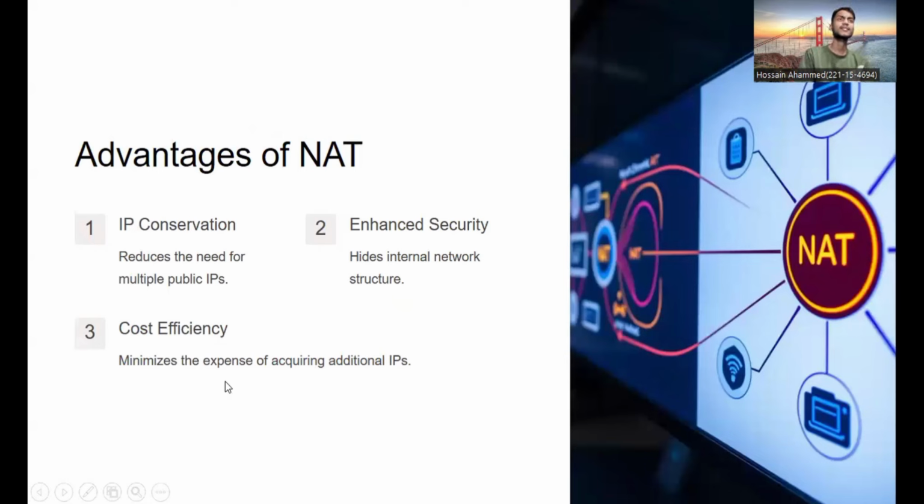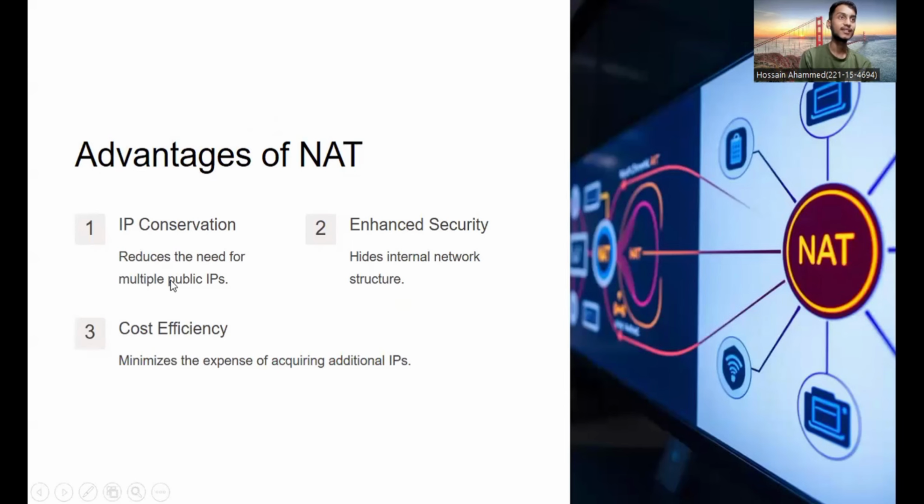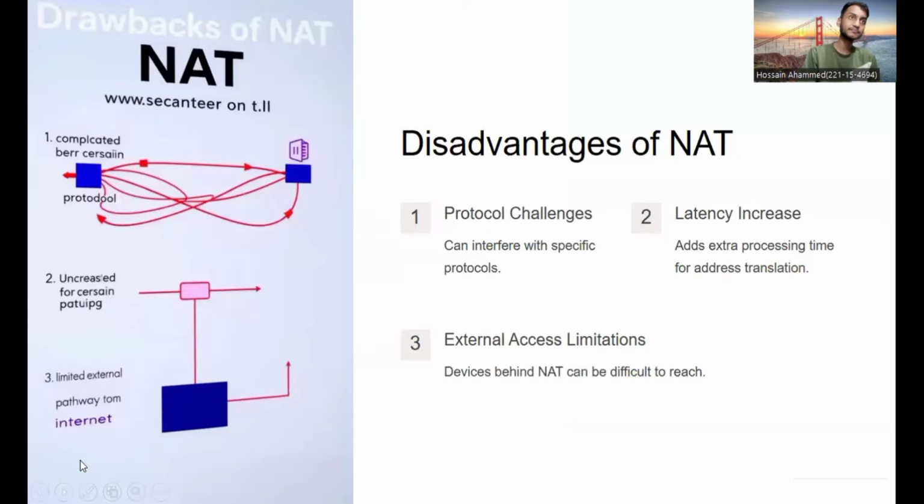There are some advantages and disadvantages also: IP conservation, enhanced security, and cost efficiency. IP conservation basically reduces the need for multiple public IPs, and it hides the internal network structure.